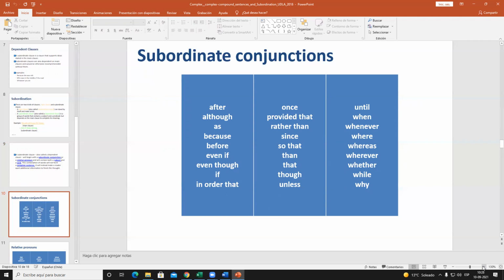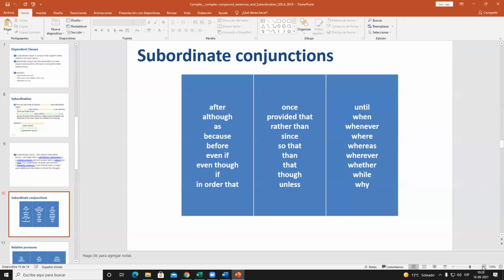Which means that in order that, even though it is composed of apparently three different words, works just as a single unit. Therefore, it is just one single word.